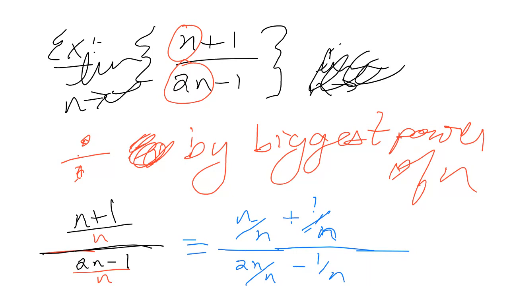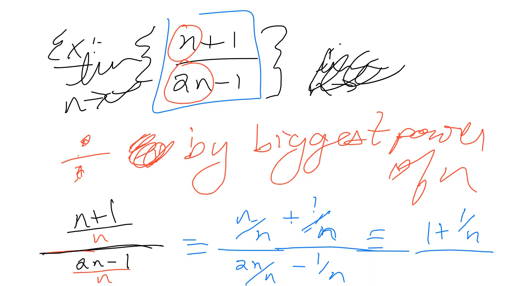So we're just looking at this sequence, which is equivalent to this. Now this is equivalent to (1 + 1/n)/(2 - 1/n). Everybody agree?